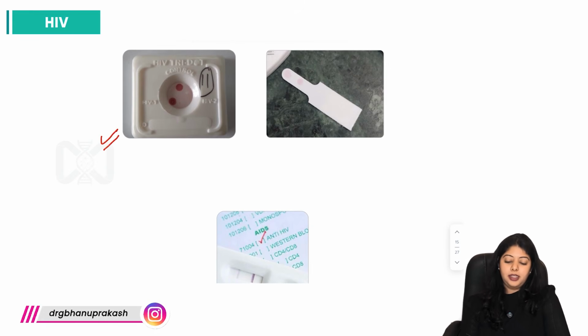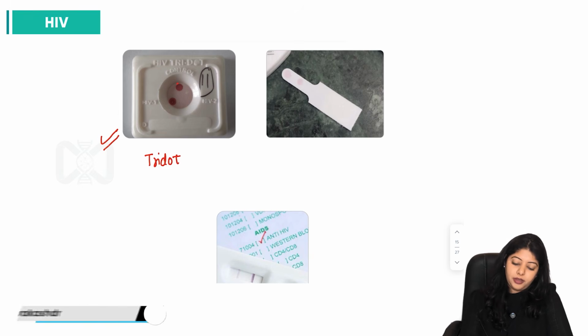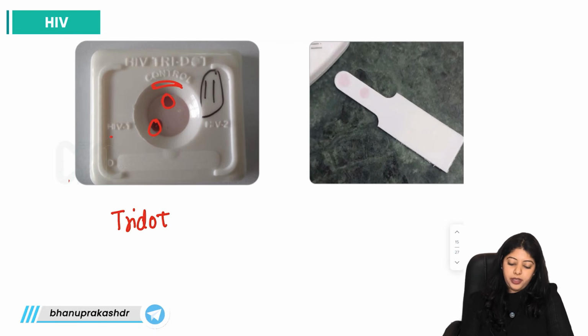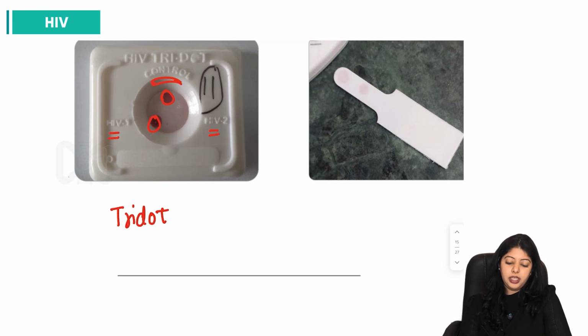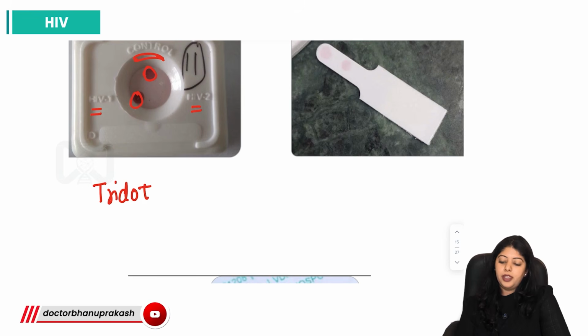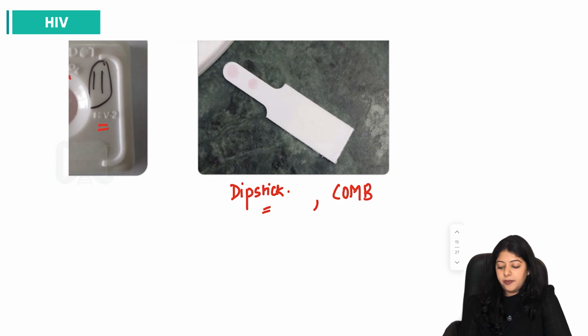So first one is the TRIDOT test, which is based on the flow-through assay. So we have three dots. One is the control one, then we have HIV1 and HIV2, right? So this is consecutively detecting HIV1 and 2, right? Then we have the dipstick, or also known as comb test.